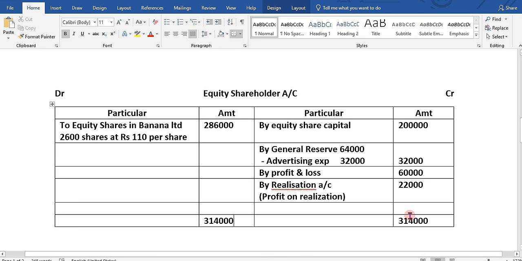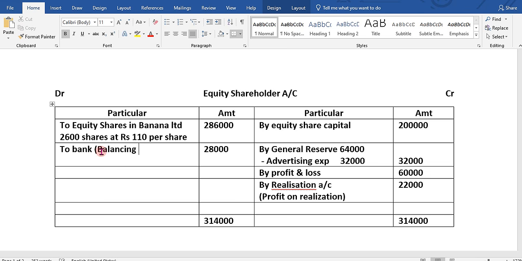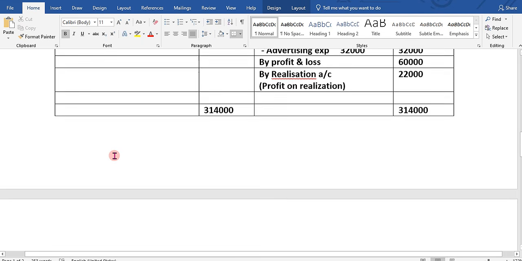The difference between debit side and credit side is 28,000. So debit side is less, so write down here to bank. This 28,000 is nothing but the balancing figure, and this is to be transferred to bank account.